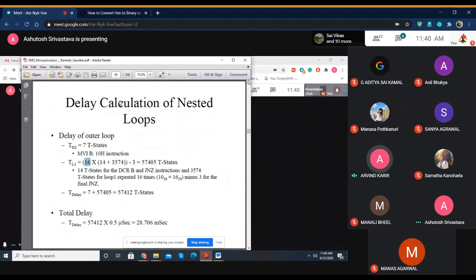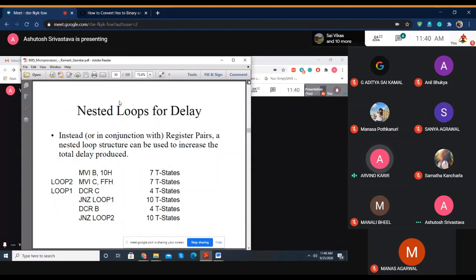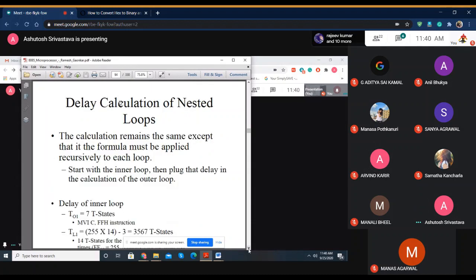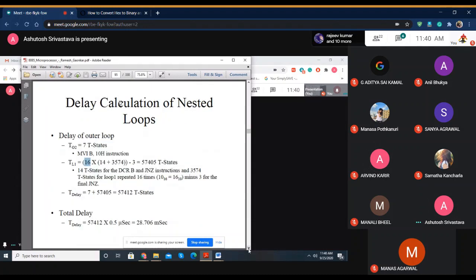Sir, 10h equals 16 in decimal, so from 16 to 0 we have to run 16 times, except for the last loop. Yes sir. So this is the total T states, the sum total of everything.